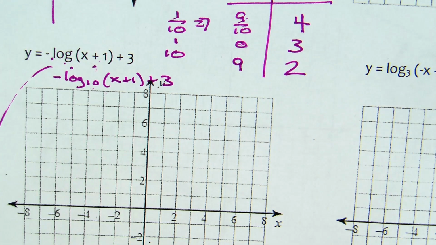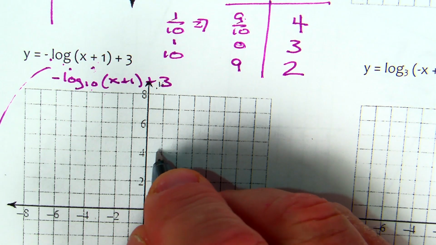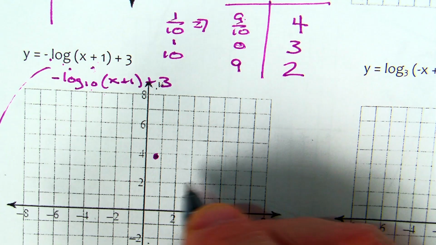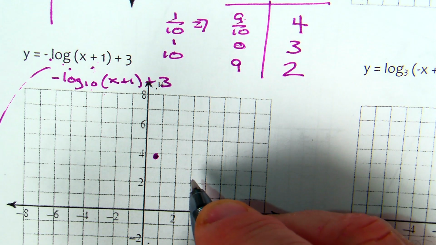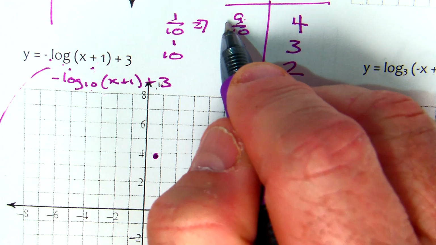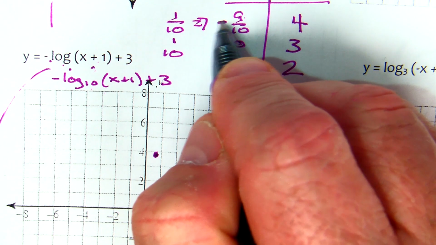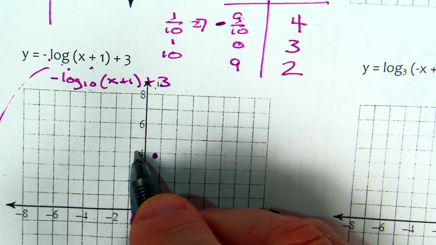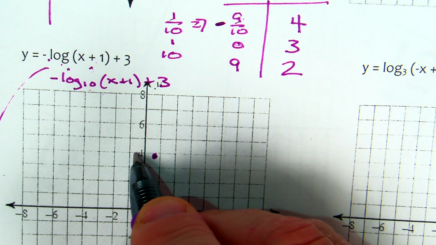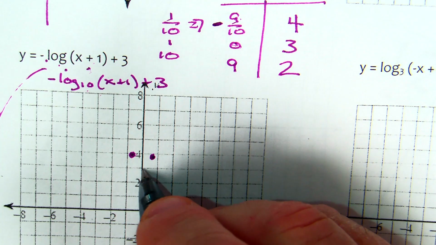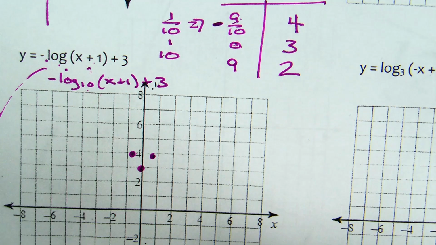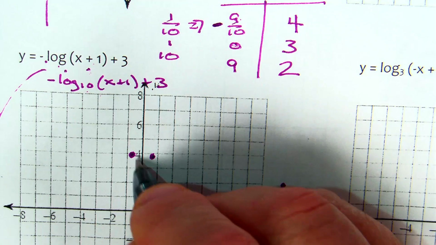Negative 9/10, 4. 0, 3. What did I do? No. Hold on, this should be negative 9/10, sorry. Negative 9/10, 4. 0, 3. 9, 2.